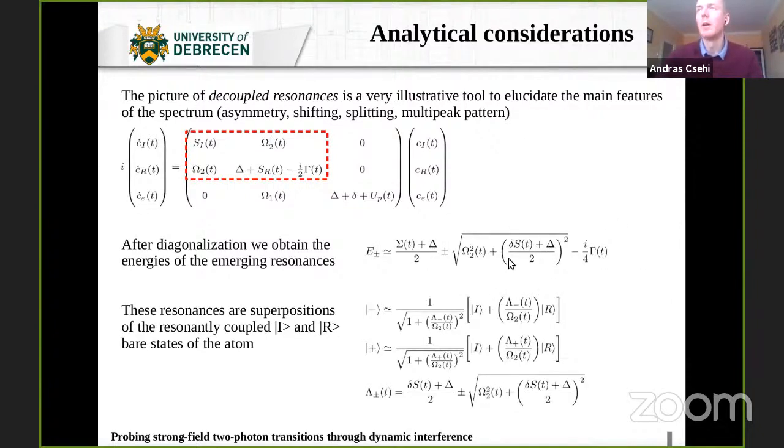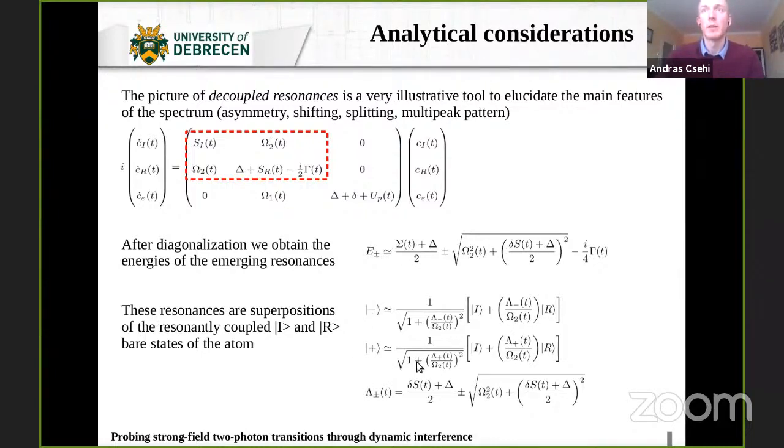So it's real and imaginary part. And here we have the sum of the individual Stark shifts, the sigma, and also the difference of the individual Stark shifts included. And as I told you before, the delta, the detuning, is set to 0 here in our study. And this is the 2-photon Rabi frequency. So these energies also follow the pulse intensity envelope.